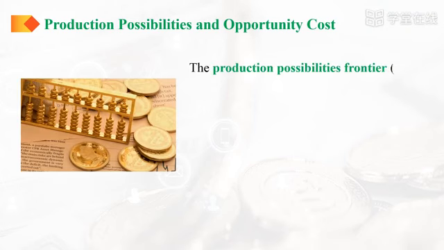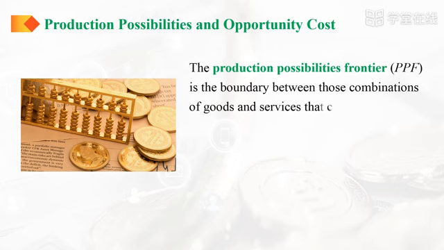First, let's look at the production possibilities frontier, PPF. The production possibilities frontier is the boundary between those combinations of goods and services that can be produced and those that cannot.